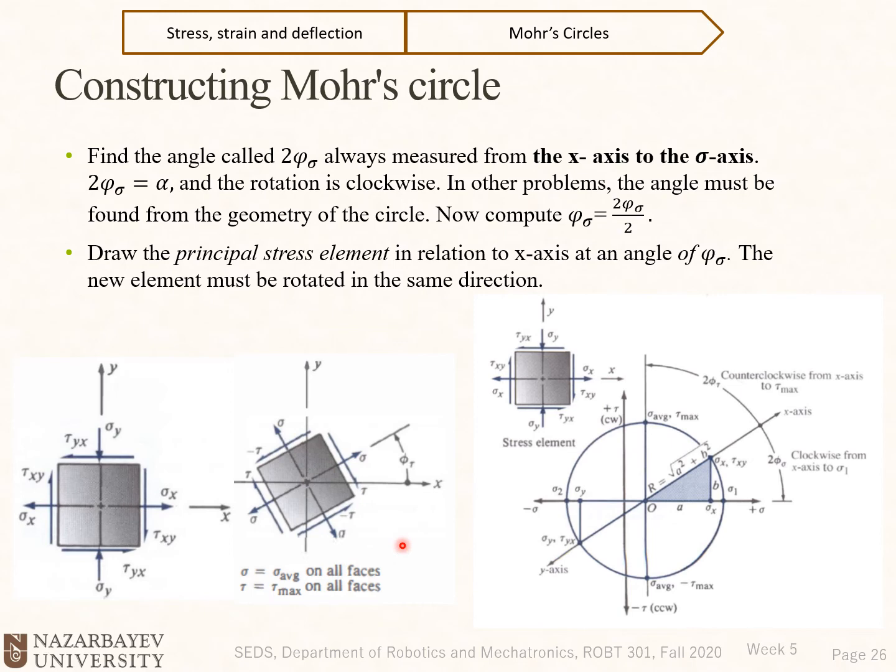Here you see that we also found theta, and we rotated the element based on this theta. We have maximum shear stresses, which we call principal shear stresses, and normal stresses sigma x and sigma y are exactly equal.